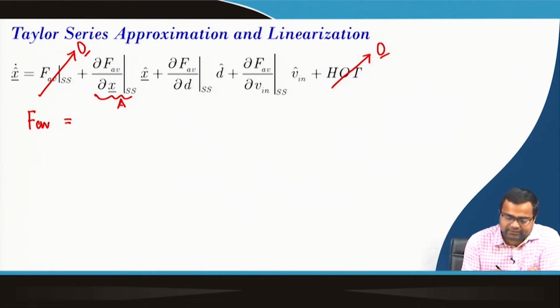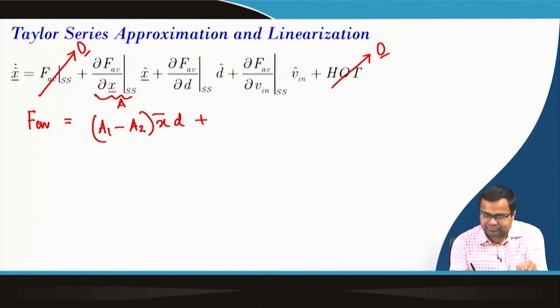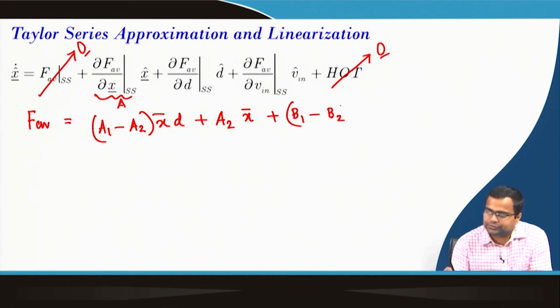Now, what is f average? We saw it was A1 minus A2 into x average into d, plus A2 into x average, plus, we separated, B1 minus B2 into V_in into d, plus B2 into V_in.